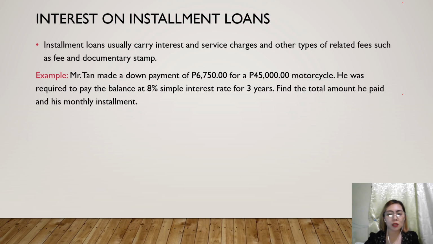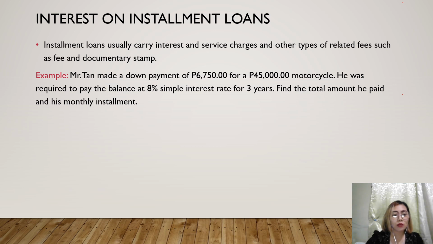So, in this case, sabi naman dyan, simple interest lang, no? So, ibig sabihin, ang hahanapin lang natin is yung total amount na kailangan niyang bayaran and his monthly installment. Okay, so kung yung amount ng motorcycle is 45,000, para makuha natin yung principal, compute muna natin yung difference ng 45,000 and 6,750 kasi magda-down siya.